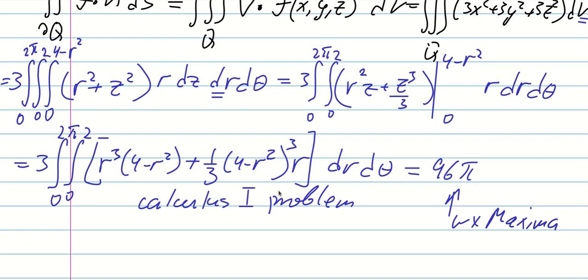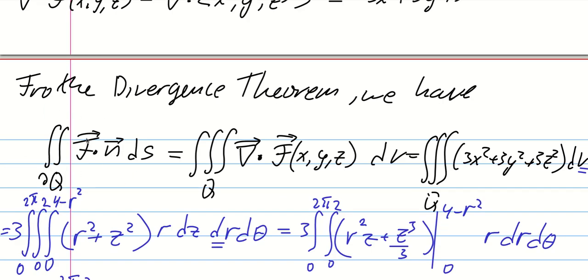It's relatively easy. U substitution for this part, but here just direct power rule. So that's not hard. So basically, we replaced very messy calculations for this direct flux calculation with relatively easy calculations through the divergence theorem by calculating a relatively simple triple integral.